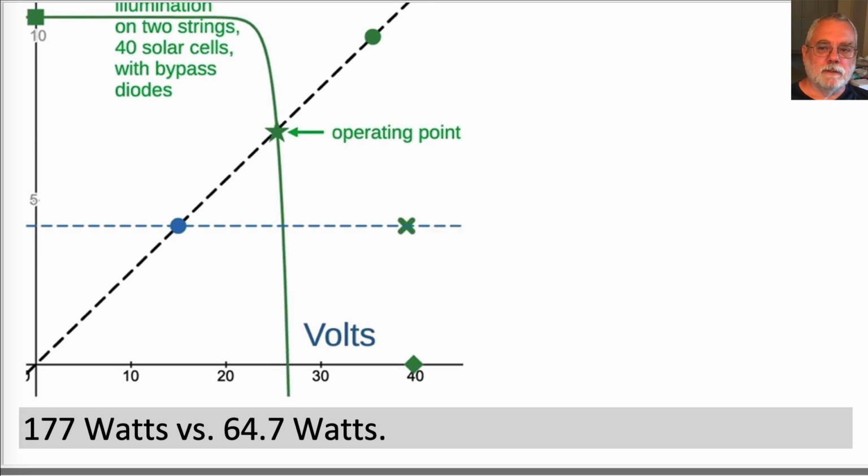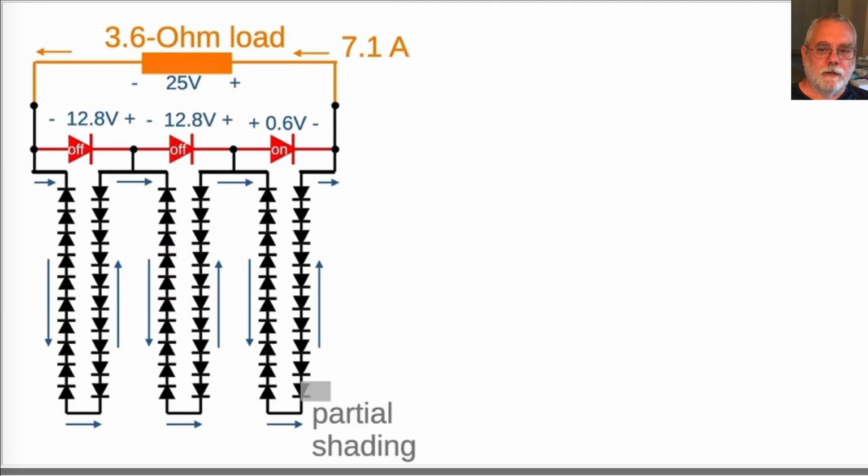The simple, negligible cost bypass diode more than doubled the power to the load in this example of a single, partially shaded solar cell. Here are the voltages on the strings in the panel. The rightmost bypass diode is on, forward biased, limiting the reverse bias of its string of 20 solar cells to minus 0.6 volts.